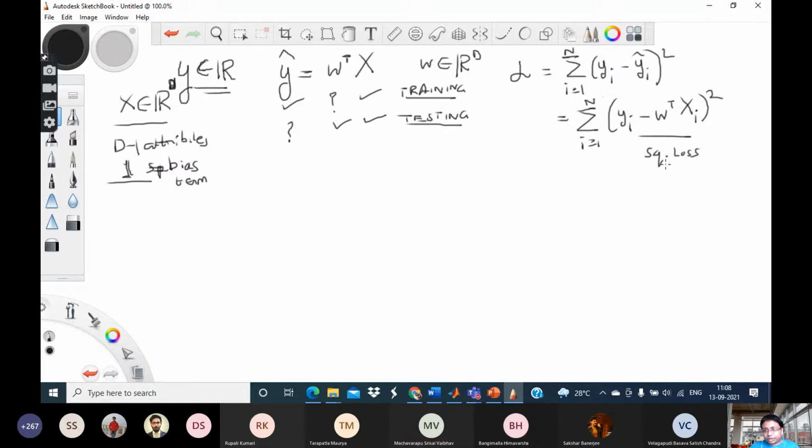So whether this is the training phase or testing phase or anything, whenever I have got a set of examples, this is my total squared loss over that data set. In the training phase, when our aim was to estimate w, we chose a w which minimizes this loss function.